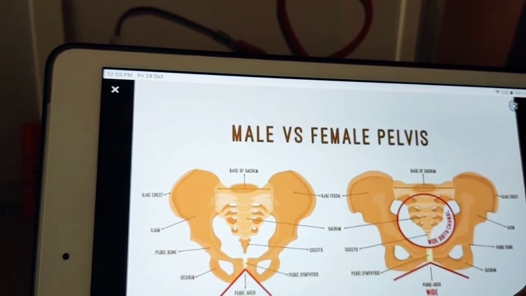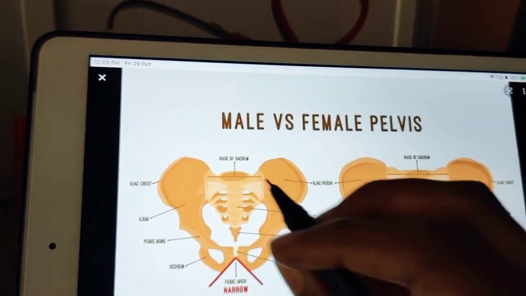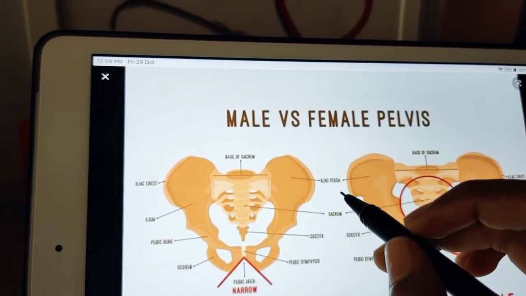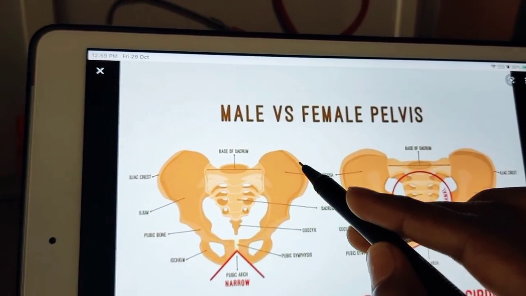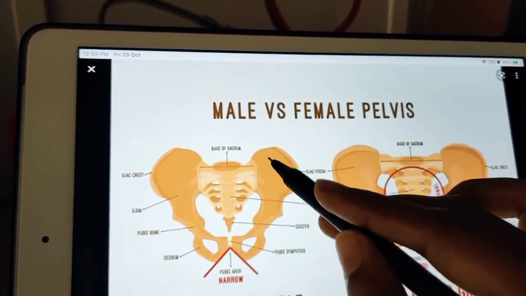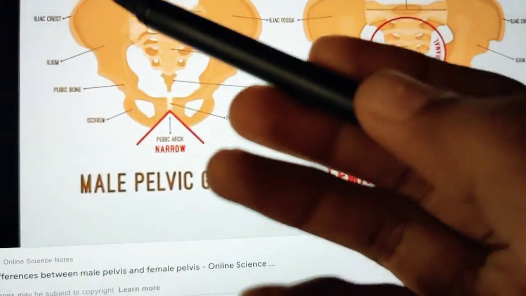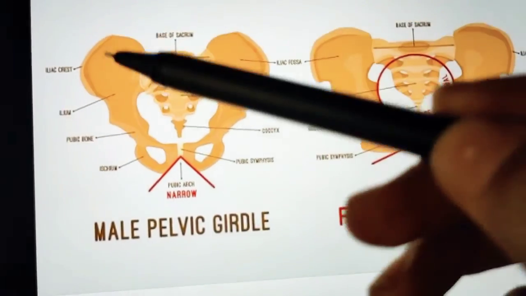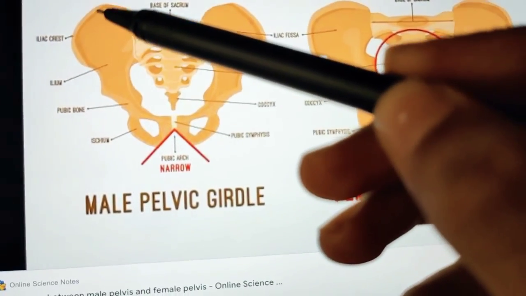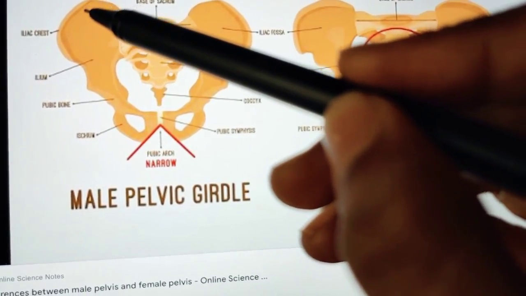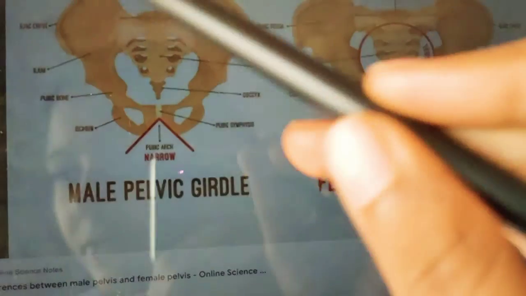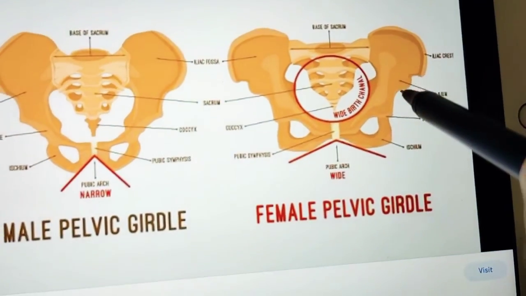Next, the curvatures of the iliac crest are more pronounced in males. You can see here less, but here they are more pronounced. The iliac fossa is deeper in males, whereas in females the pubic crest is shorter.